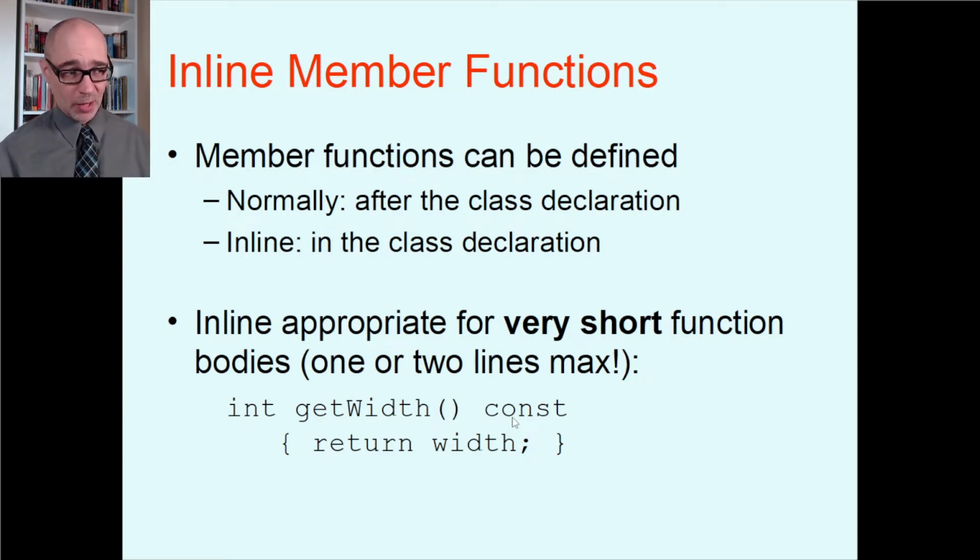So you should probably tag them all with const, would be the ideal thing. These aren't going to change anything about the class. This is a really good example. Getters and setters are usually 1 line. The getters usually just return 1 member variable, and the setters just set 1. So the accessors and the mutators are a good example of something you could probably inline, save a little bit of time there, and why not?